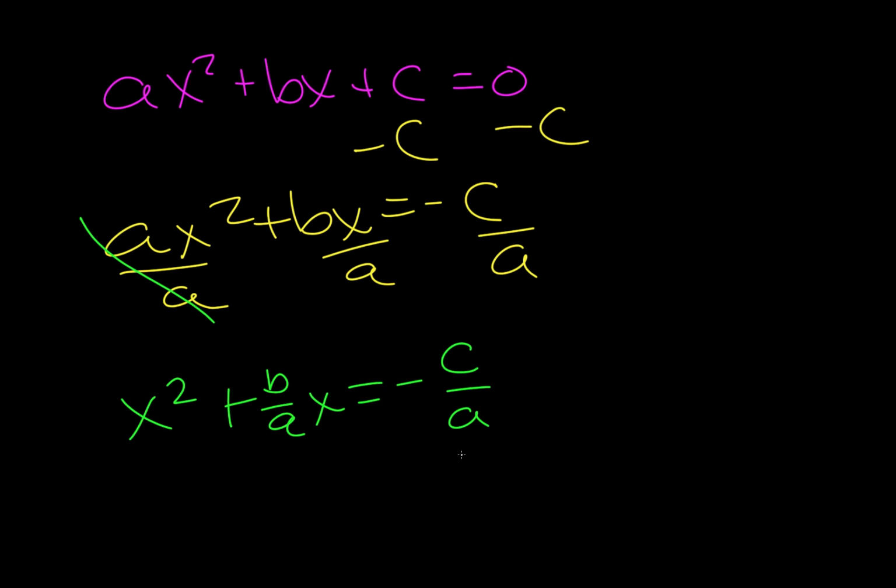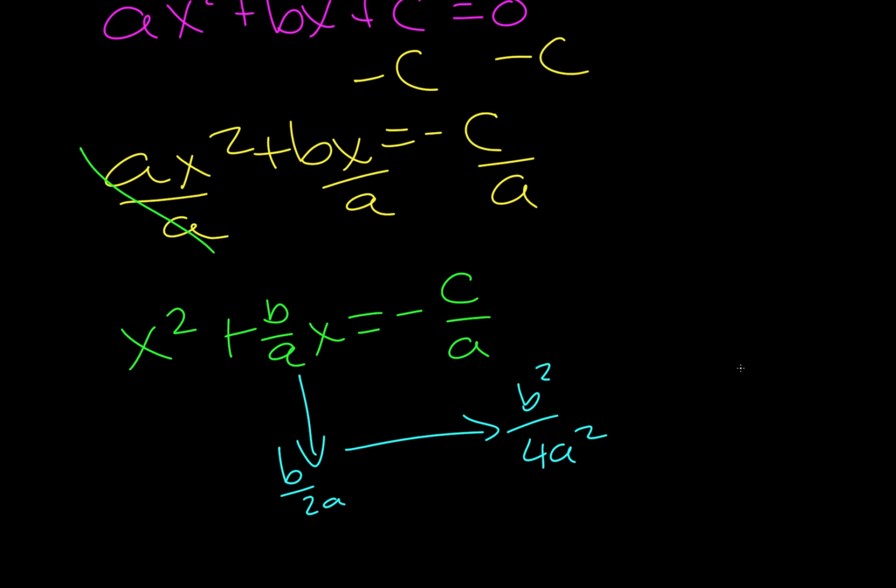From here, we do the L step. So this one was we divide by 2, so that'd be b over 2a, and then we square. So that's b squared over 4a squared. And we take that and add that to both sides of what we had before.